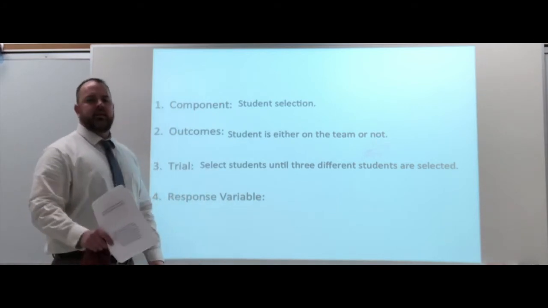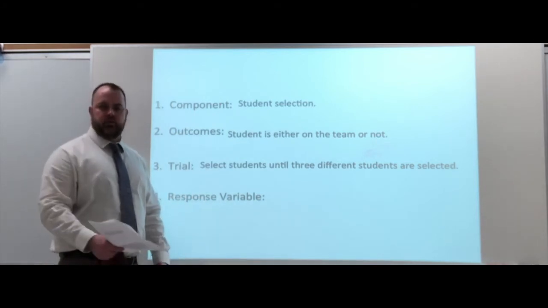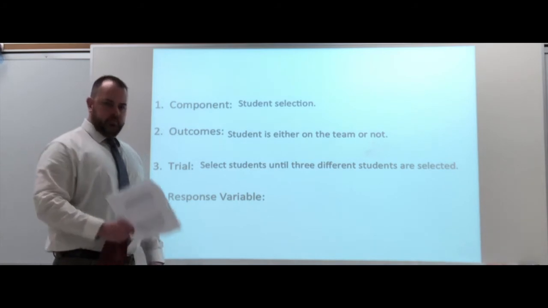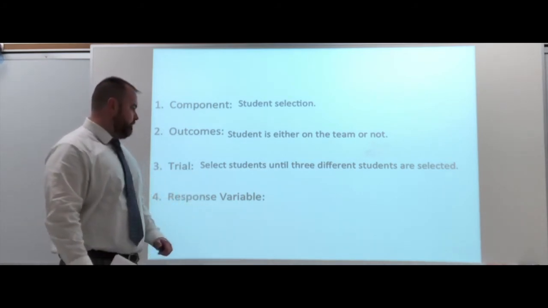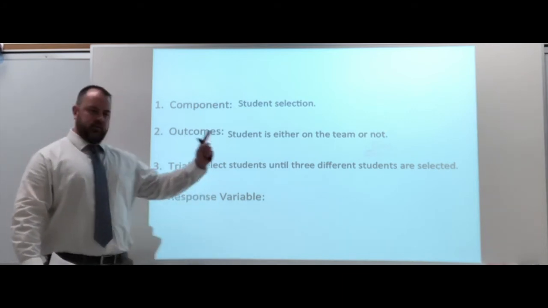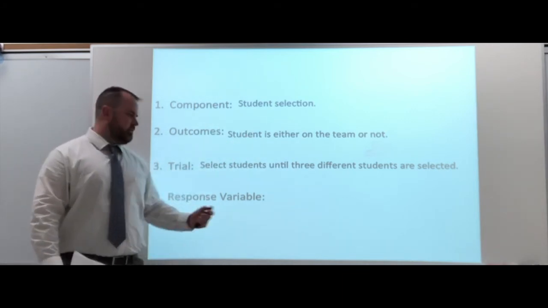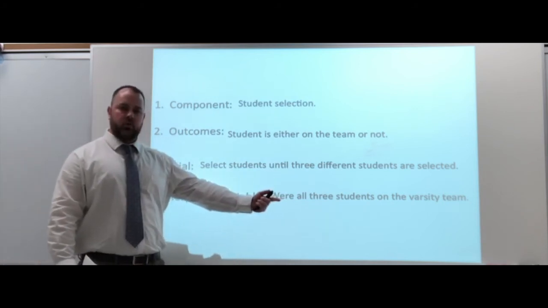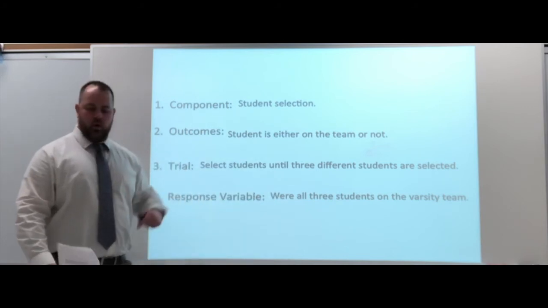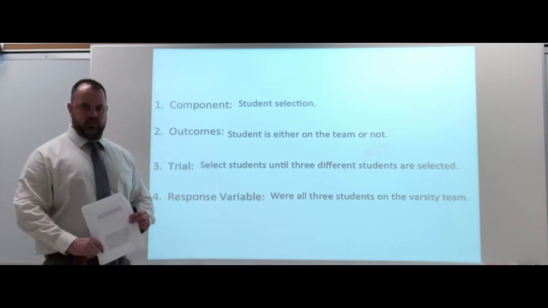We don't want the same person to get picked twice to be in that dorm room. So make sure you have different numbers. Numbers cannot repeat within the trial. And at the end, we have our 3 different numbers. The question we're going to ask ourselves, were all 3 students on the varsity sports team? So you're going to say, yes, all 3 were on the varsity sports team, or no, all 3 were not on the varsity sports team.